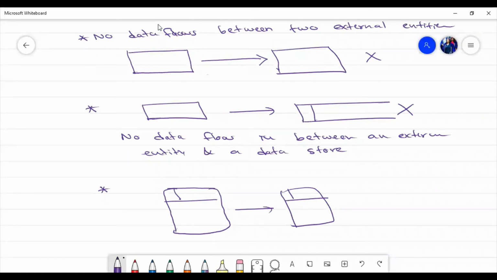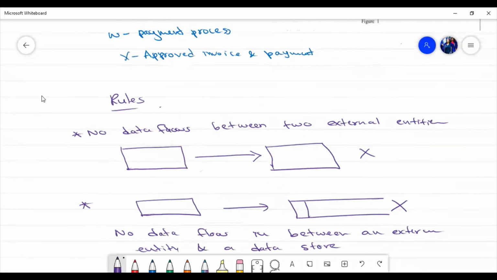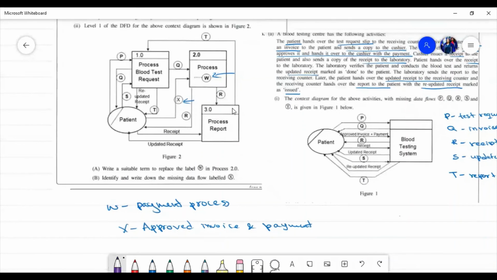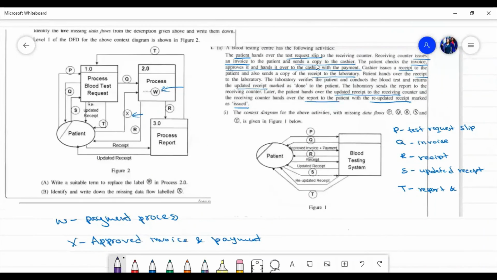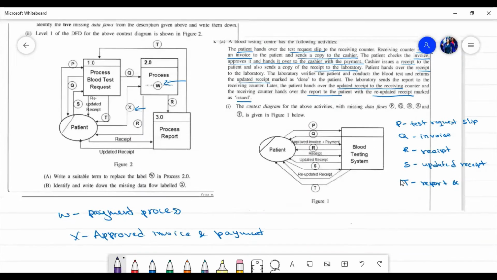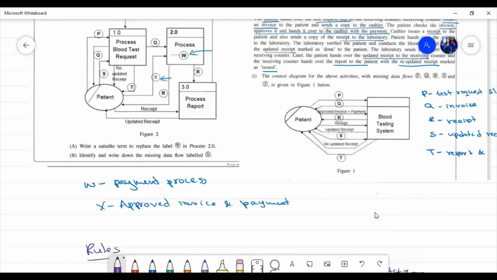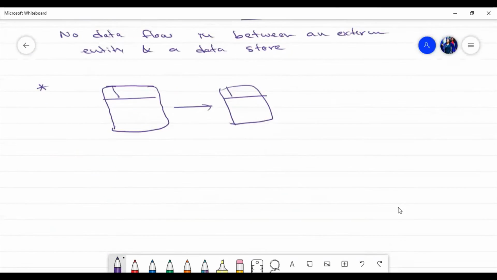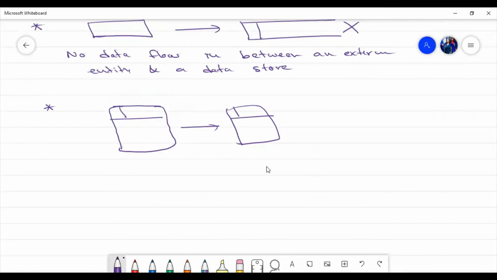Can you flow data in between processes? Yes, we can. According to this example, the receiving counter issues an invoice to the patient and sends a copy to the cashier, the payment process. So process to process data flow can be done, no issue.